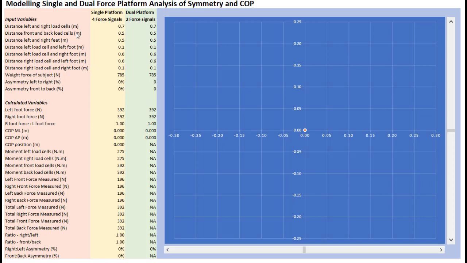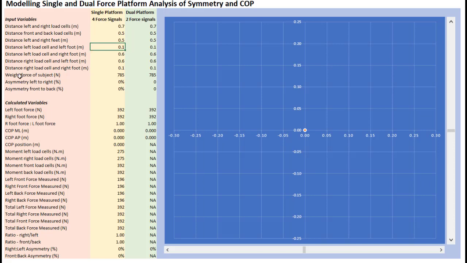I've set up some starting parameters here in terms of the distances between the load cells and the positions of the left and right feet here. And I've started with an arbitrary distance of 0.5 meters between the feet, but this can be changed however required to simulate that.